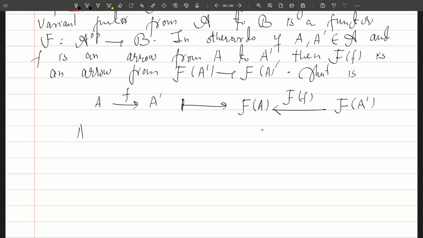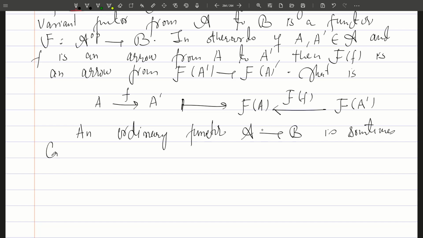So an ordinary functor, say from category A to B, is sometimes called a covariant functor.